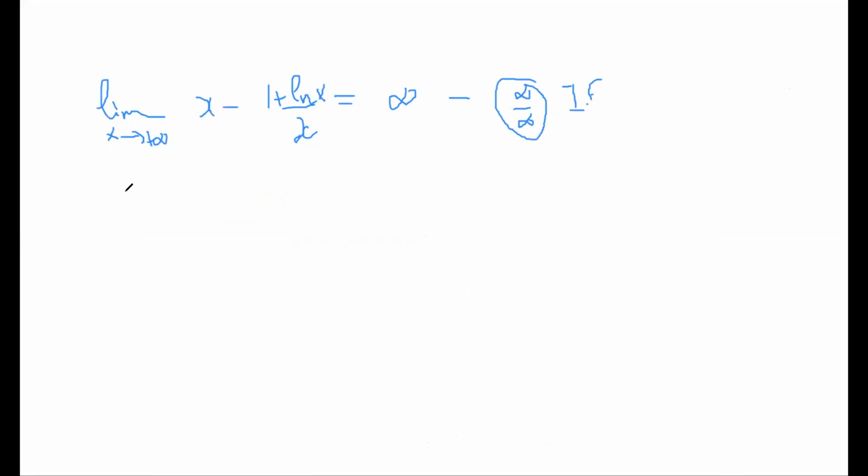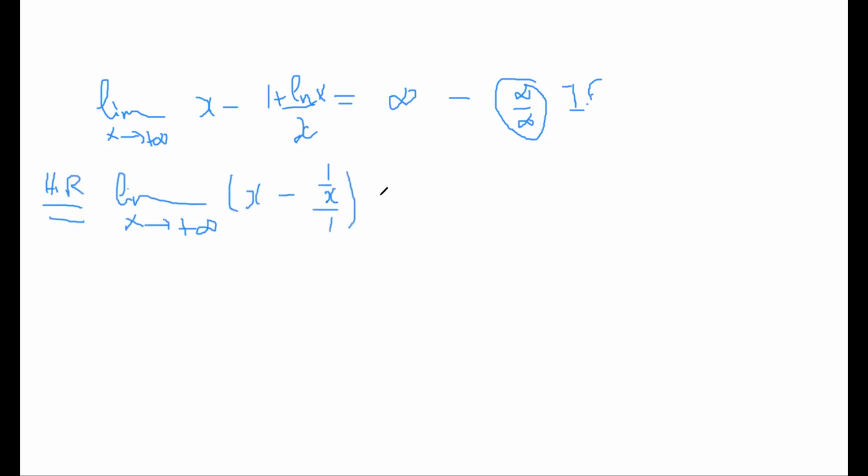This one remains x. So we say limit as x tends to plus infinity, but we have to mention that we use L'Hospital's rule. By using L'Hospital's rule, this one will be x minus the derivative of ln x, which is 1 over x, over 1.